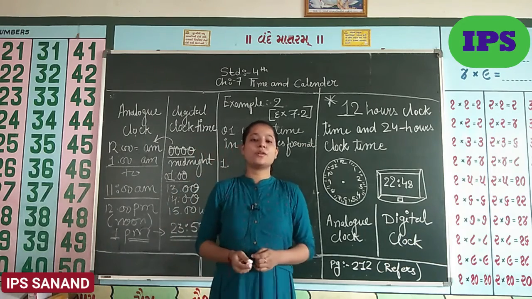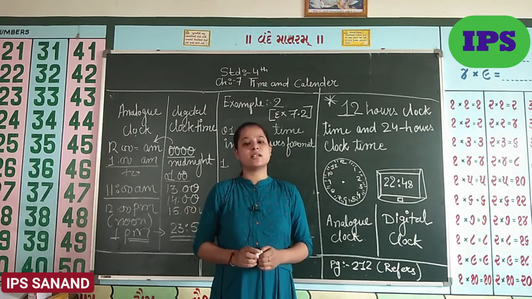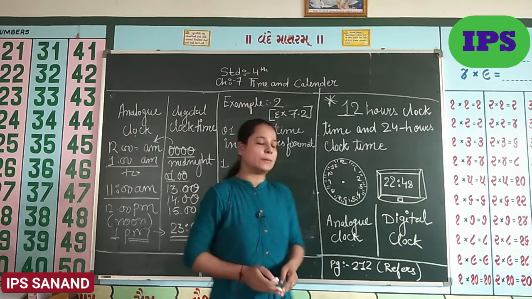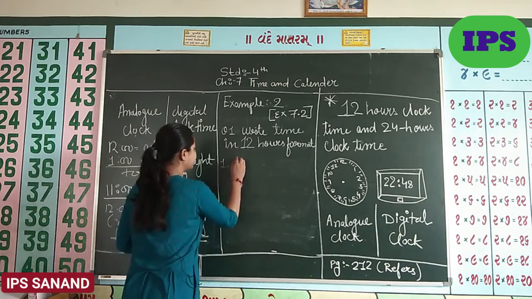In this question, you have to write the time in 12 hours format. The questions will be given in 24 hours format and then you have to convert them into 12 hours format. Okay, so let's get started.